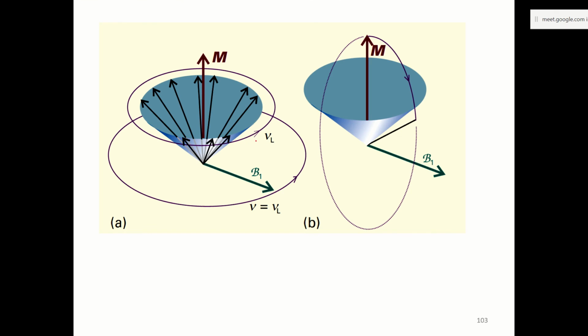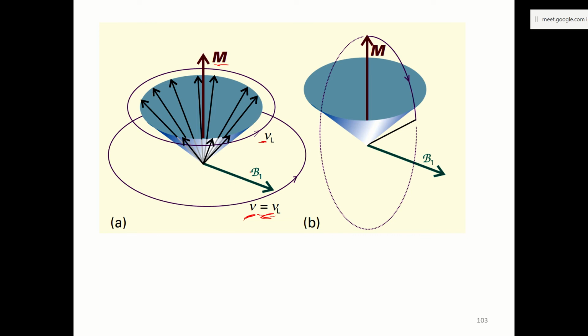So imagine that this is what is going to happen. We have mu L, and the net magnetization vector capital M is precessing around in this cone. Then we apply a radio wave which has the same oscillation as the precessional frequency. So this is the situation.